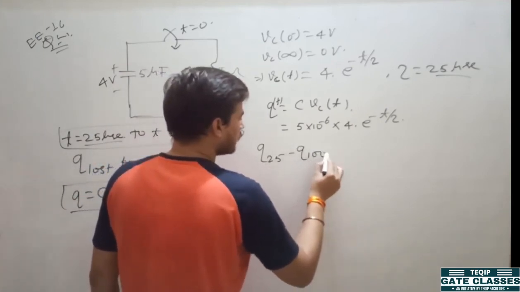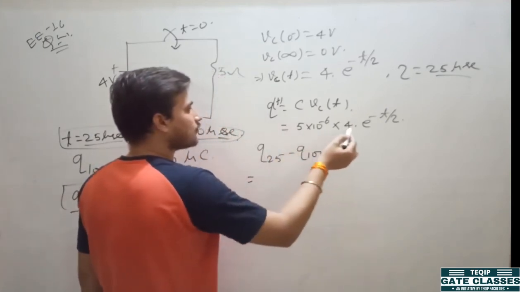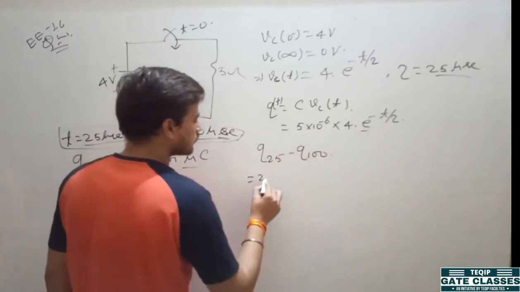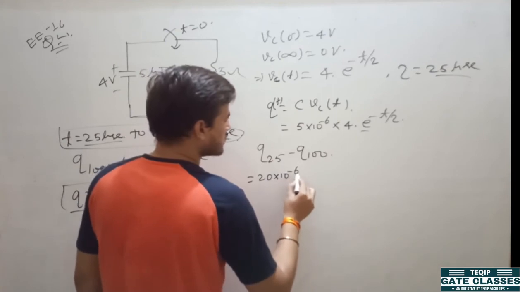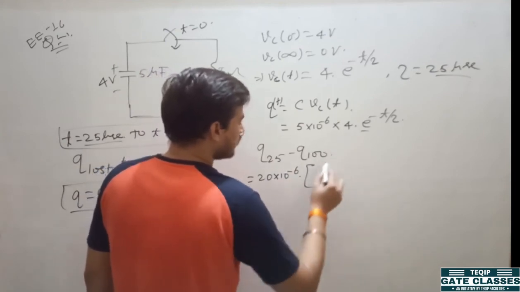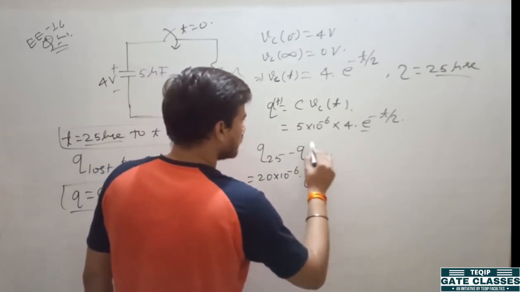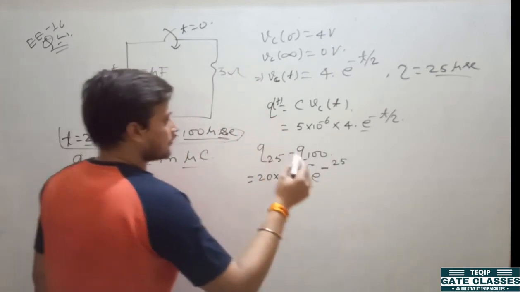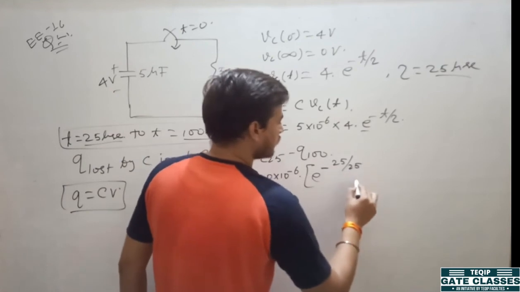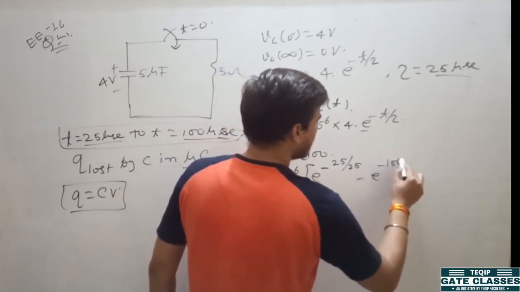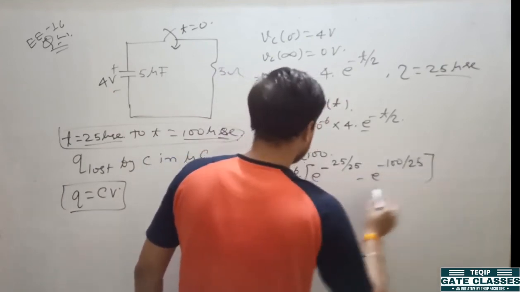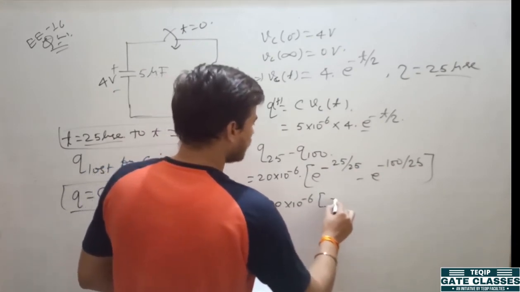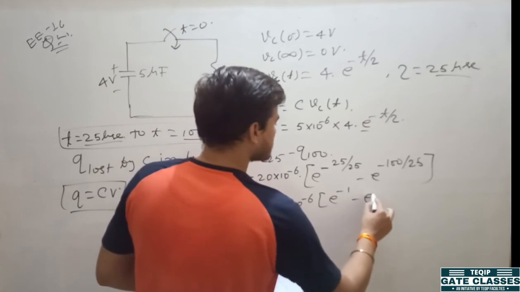It will be equal to how much? You will put first t equal to 25, then t equal to 100. So here it is 20 into 10 to the power minus 6 into e to the power minus 25 by 25 minus e to the power minus 100 divided by 25. That means 20 into 10 to the power minus 6 into e to the power minus 1 minus e to the power minus 4.